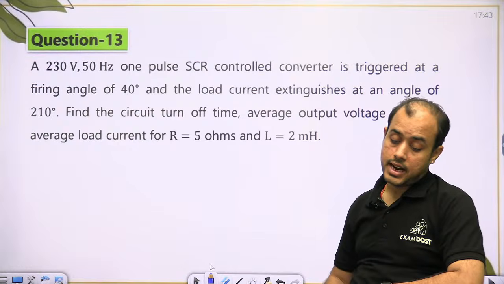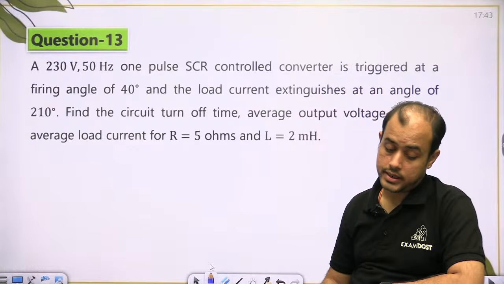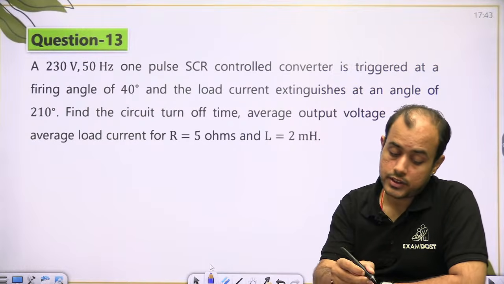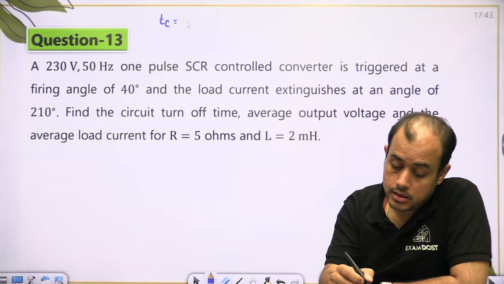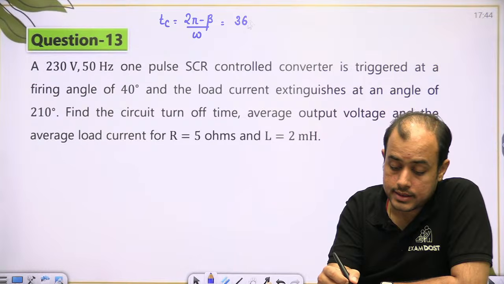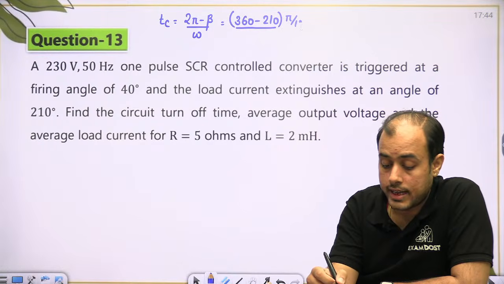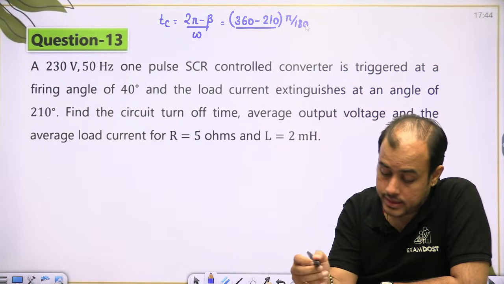One pulse SCR converter is triggered at alpha equal to 40, beta is 210. Circuit turn off time is 2 pi minus beta by omega, because forward biasing occurs at 0 degree then 360 degree. ठीक है? So next forward biasing at 360.